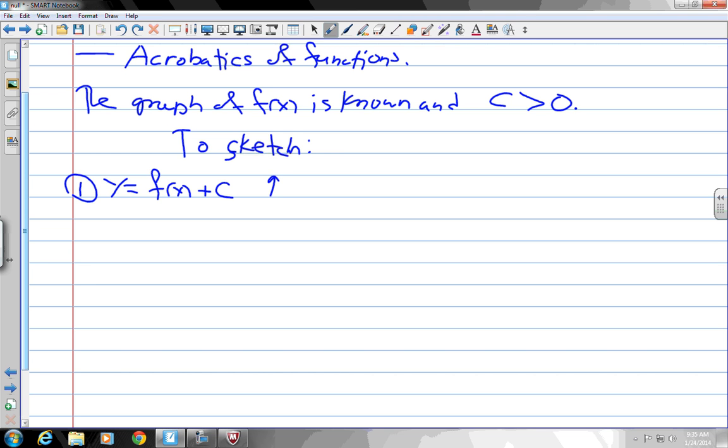So example of this, I'm going to do a quick example here. Let's say f of x equals x squared plus 2. You know the graph of the parabola, plus 2 shifts everything 2 units upward. So the graph of that is something like this, so going through 2. Is that okay?